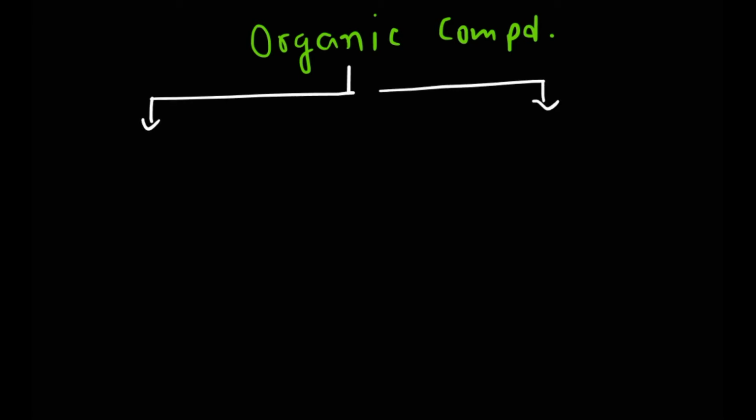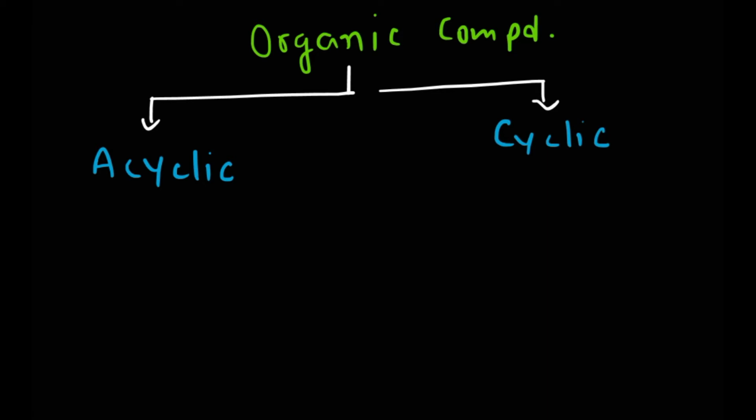The first part is acyclic, and the next part is cyclic. Acyclic means not cyclic and cyclic means cyclic, so simple. Or you can say acyclic means open chain, there is no closing of the chain, but here it is a closed chain, or you can say a ring.